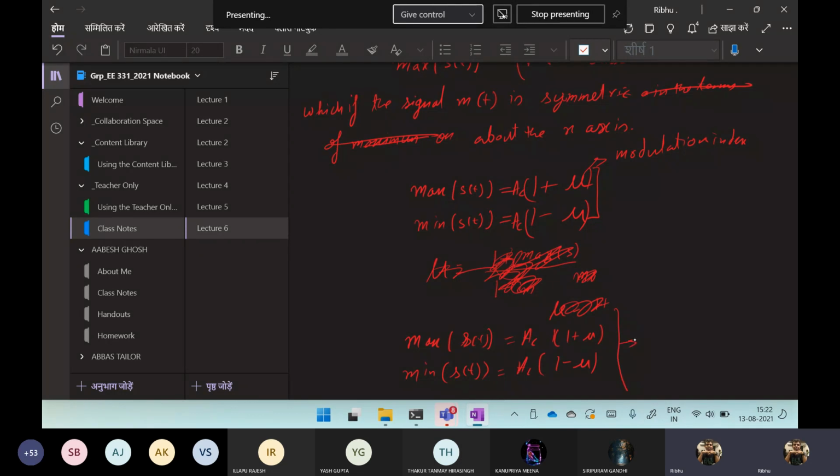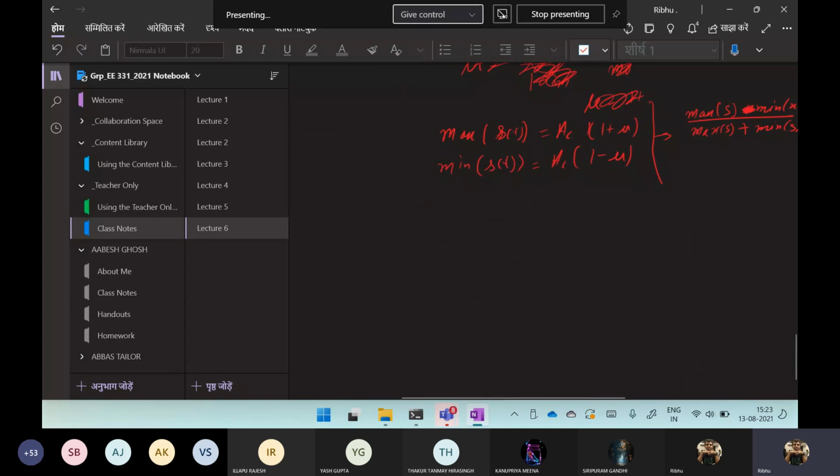Now componendo dividendo: max of S plus min of S divided by max of S minus min of S. Sorry about A_c, and yes, further.